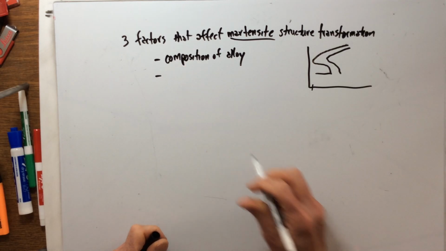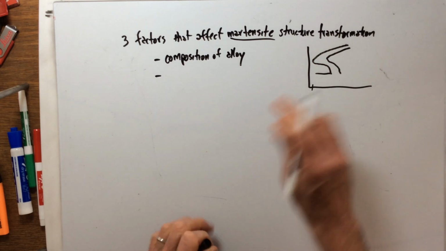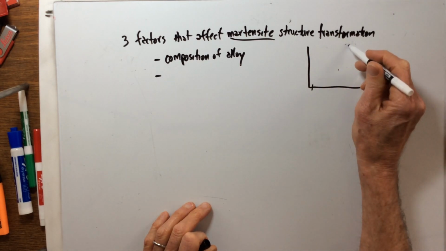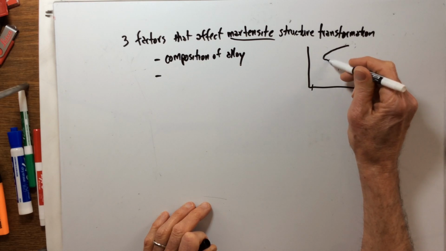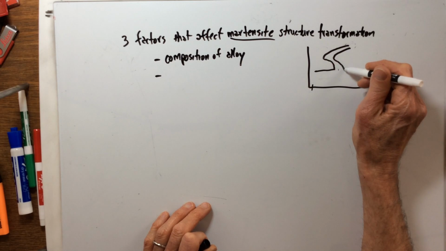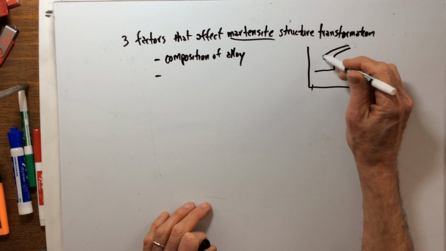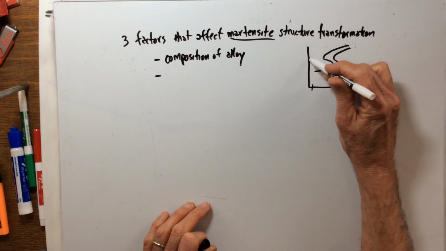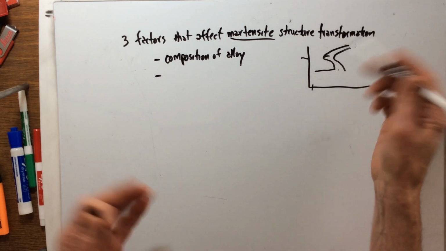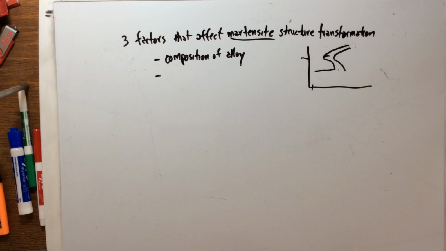So the other thing, and of course, if you add those elements, then what happens is you get a curve that looks something like this. All right, so now this is a big distance between here and here. That's because we added a lot more carbon and other alloying elements.